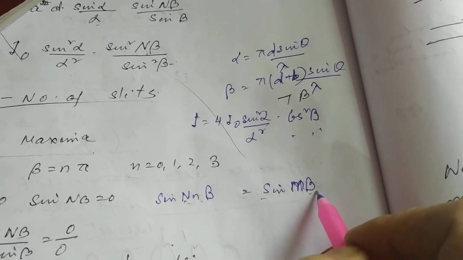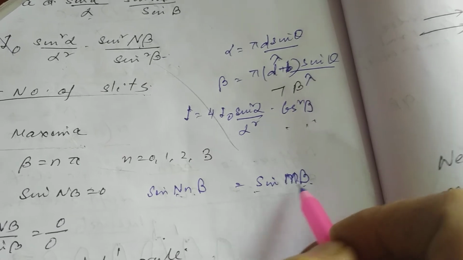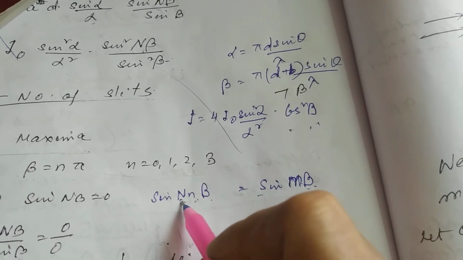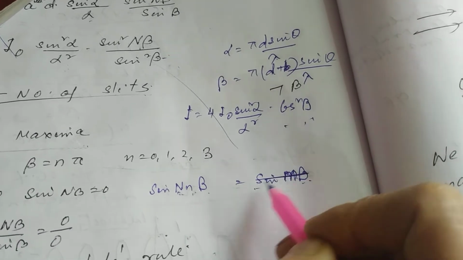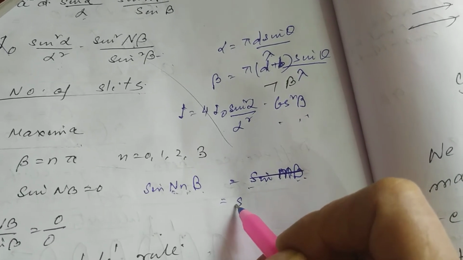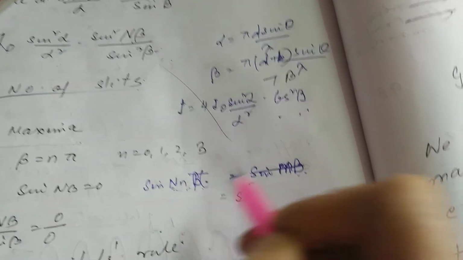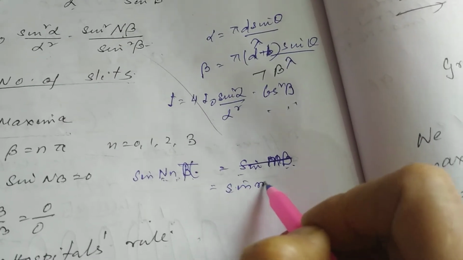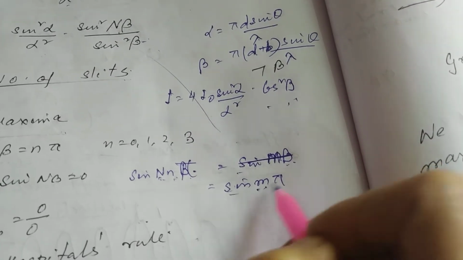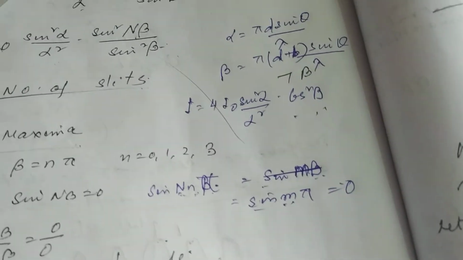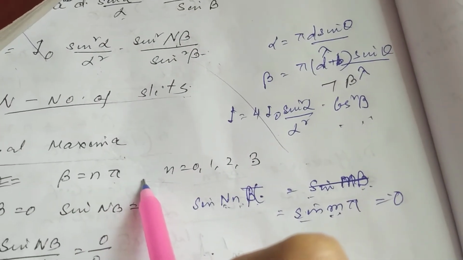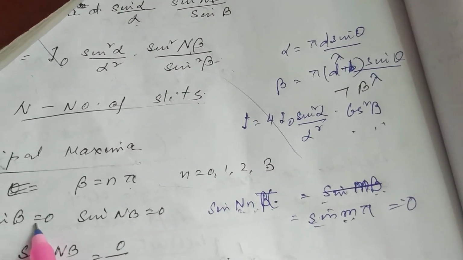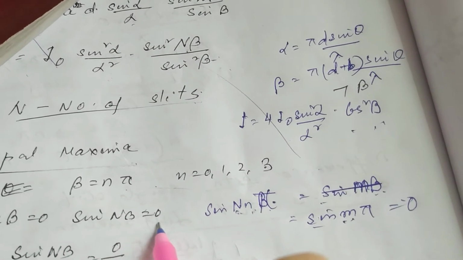So it is sin m pi. Since m is an integer, it will be 0. So if beta is equal to n pi, then sin beta is equal to 0, and sin N beta is equal to 0.